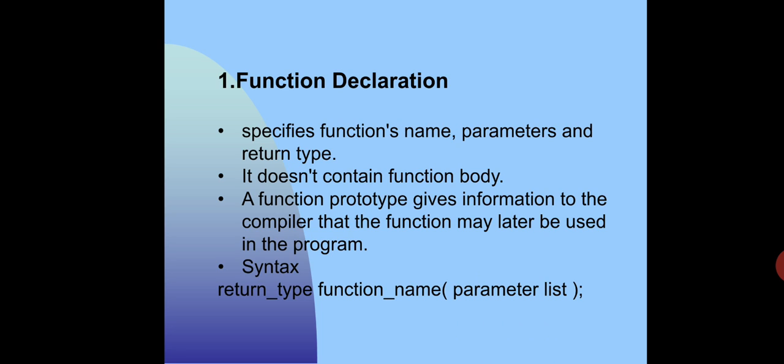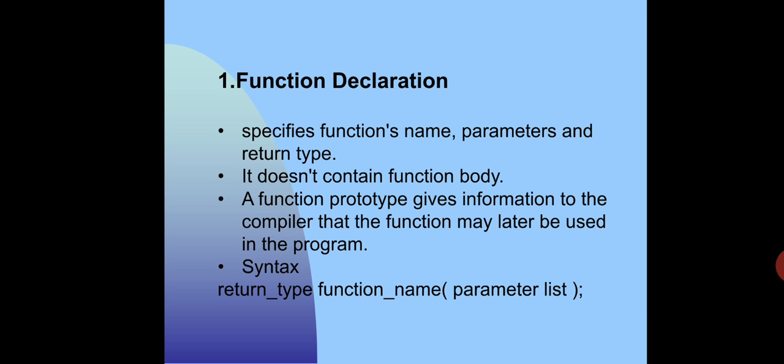So, what is the function declaration doing? It will tell the compiler that there will be a function that will be used in the program. Then the syntax will be the return type and the function name, then whatever the parameters will be there.